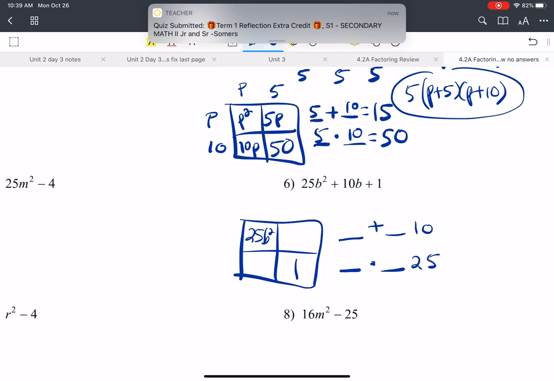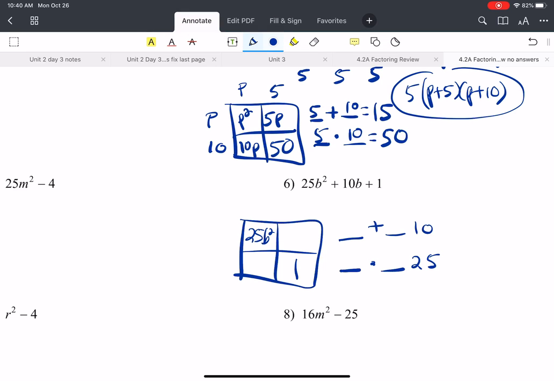When you can't get rid of the number in front of the x squared, then instead of multiplying to last, you multiply to first times last. All right, make sense? Okay, anybody think they know the blanks? 5 and 5. Good, they're both 5.